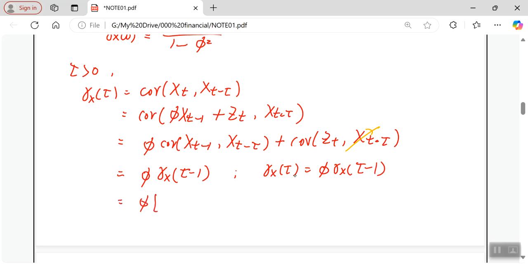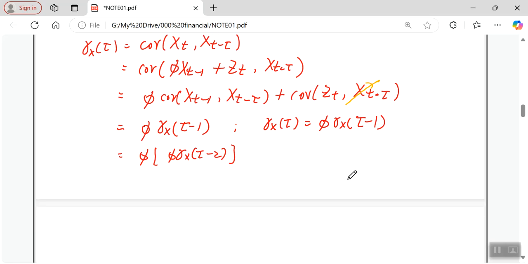Phi gamma x tau minus 1. If this is tau minus 1, then this is tau minus 2. Then you're going to have phi squared gamma x tau minus 2.